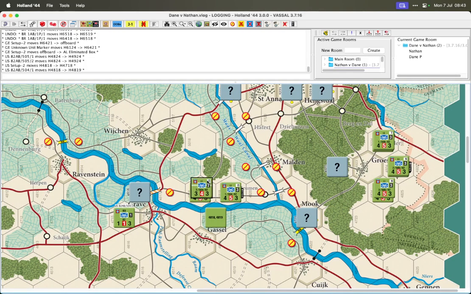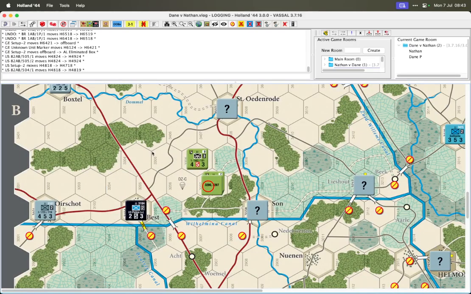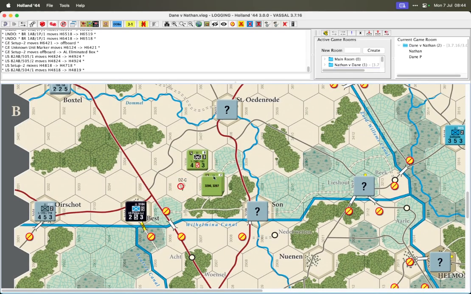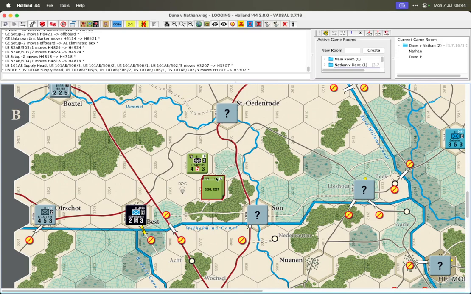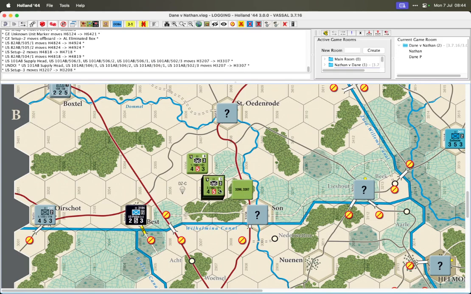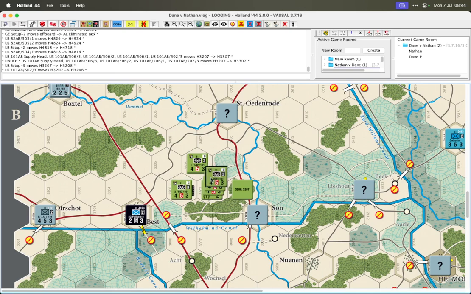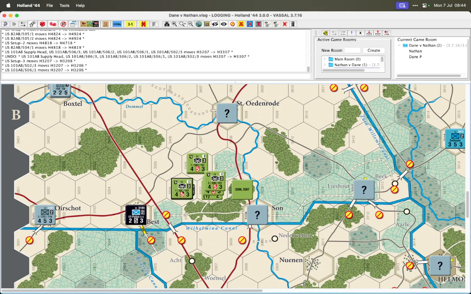Okay. And then we'll have to do that, I think, for the Son Bridge by Eindhoven. You've got 1 hex of the 82nd Airborne that's got to be split between these two. The 101st has got to be split between these 2 hexes. Okay. Oh, there's 5. Oh, no, that's the supply base. Okay. So, I moved 2, is that right?